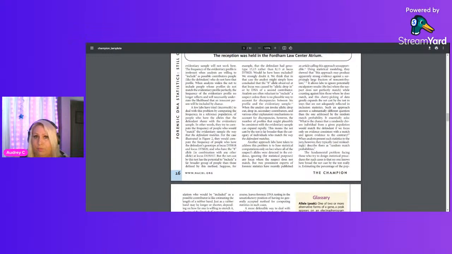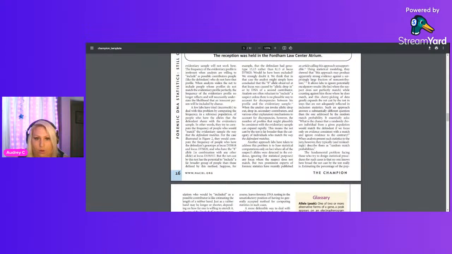But since there's a similarity in the second spot, the 13s match here, then are you widening the search to include these other partial matches, but you're saying that the allelic drop-in and out could account for why this first digit here is different than the first digit of our evidentiary sample. So then you're including someone in your analysis that might actually be completely innocent.